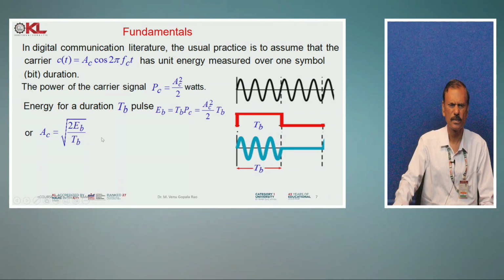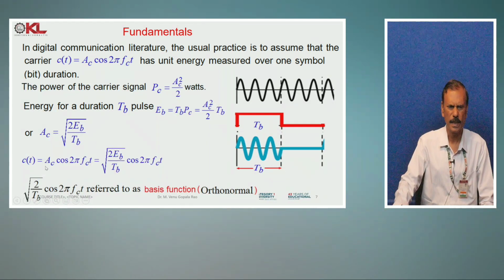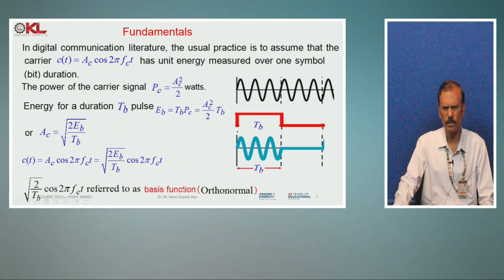So we can write the carrier signal in terms of energy per bit and bit duration, which is convenient for understanding digital carrier modulation: root of 2 Eb by Tb cos 2 pi fc t, generally referred to as the orthogonal basis function for the sinusoidal signal.